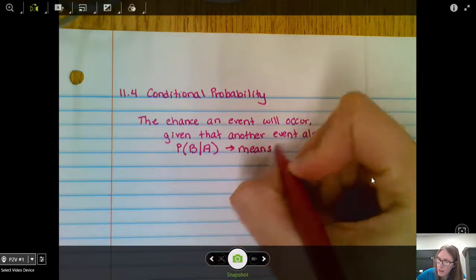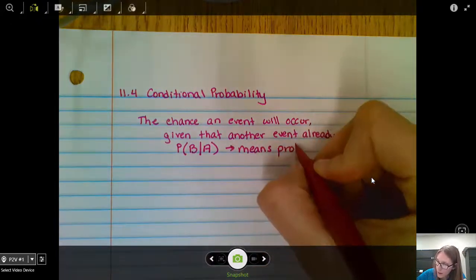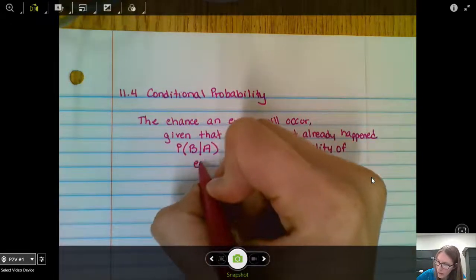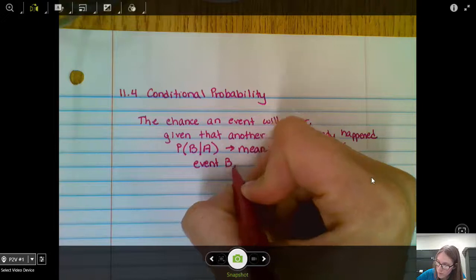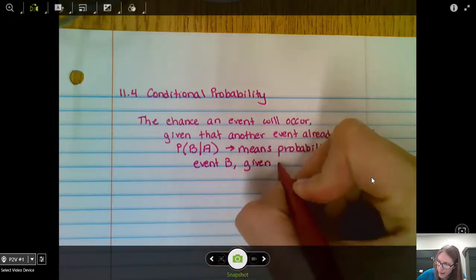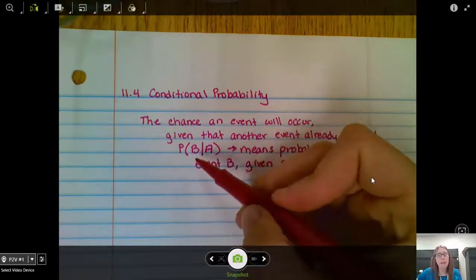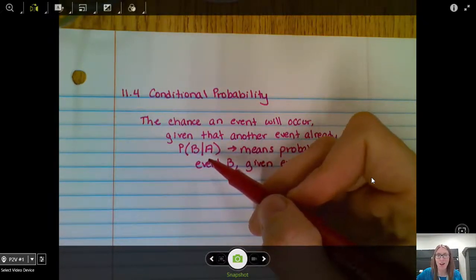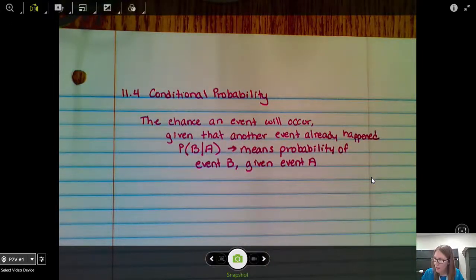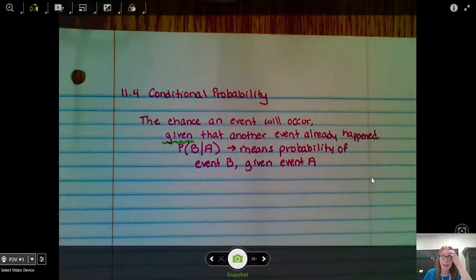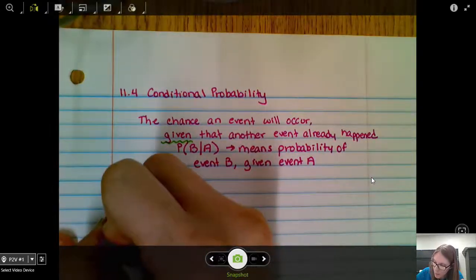Right next to this, this means the probability of event B given event A. So like, what's the chance of B happening knowing that A already did? I'm going to underline this word given here too, just to have that stand out, that we know something has already happened. All right, let's jump into our first example.